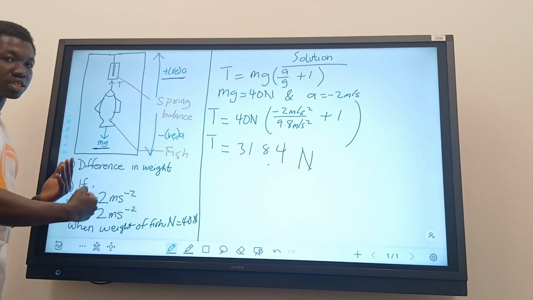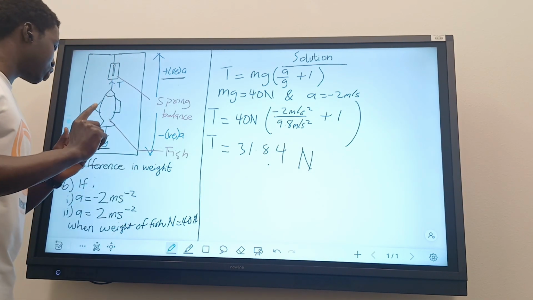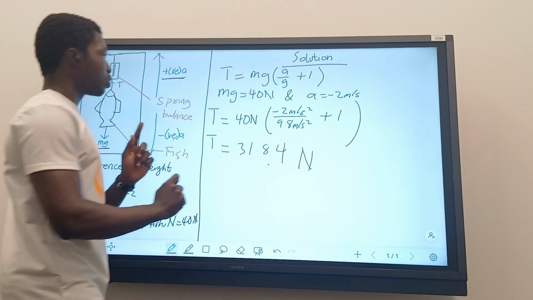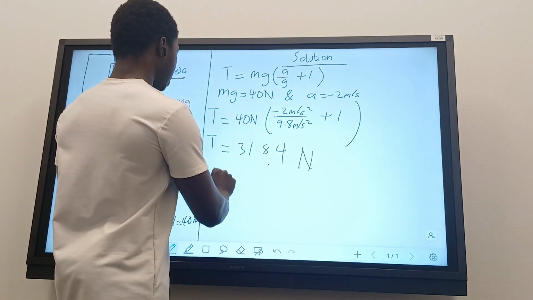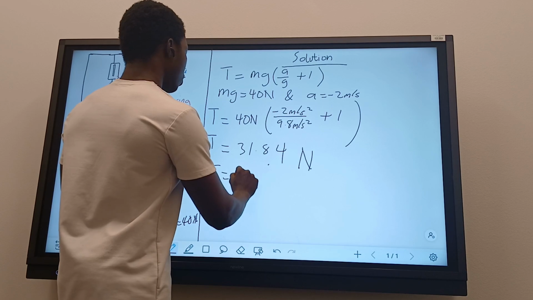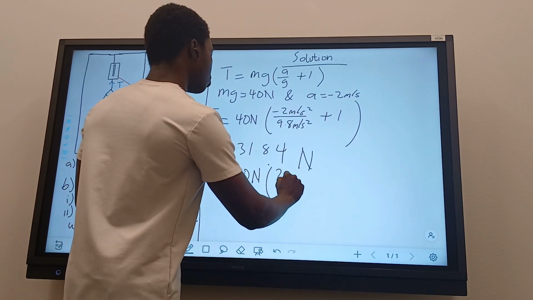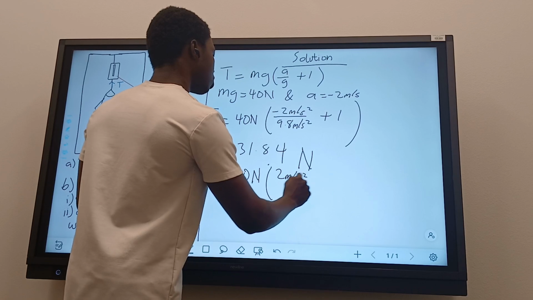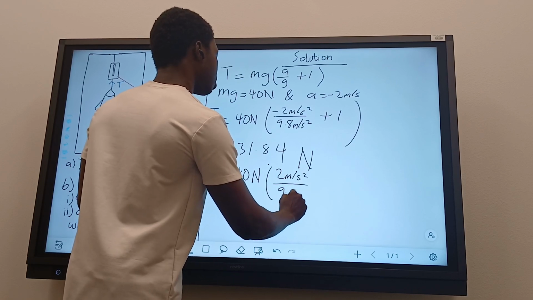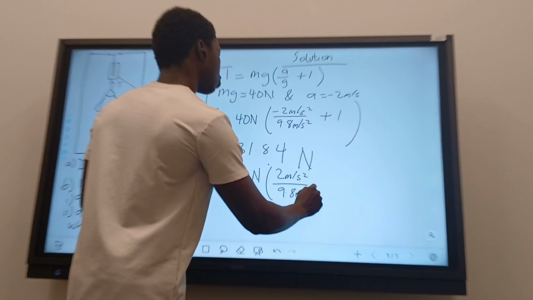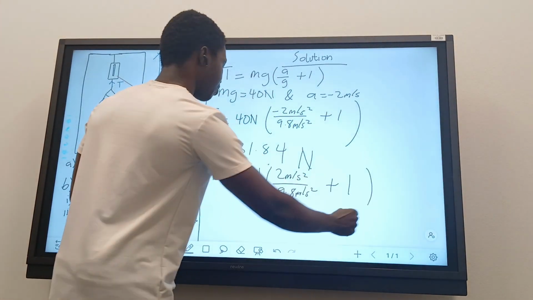When the elevator moves up with an acceleration of 2 meters per second squared, we are going to have T is equal to 40 Newton into bracket 2 meters per second square over 9.8 meters per second square plus 1.